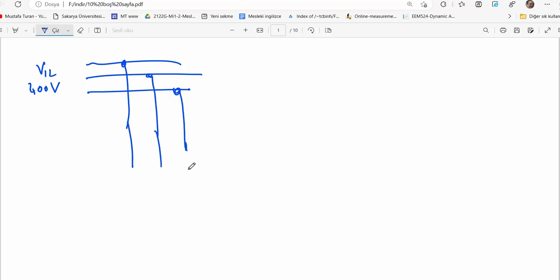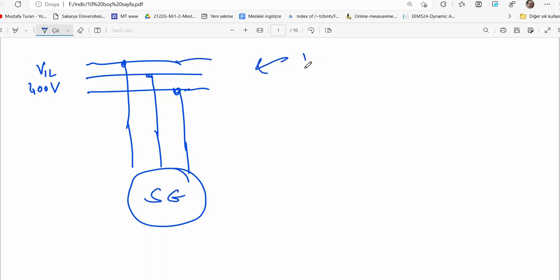Here is a network having line-to-line voltages of 400 volts, and the generator is connected to that grid, the infinite bus system. Infinite bus means infinite power: the voltage on the grid cannot be changed and it is constant.